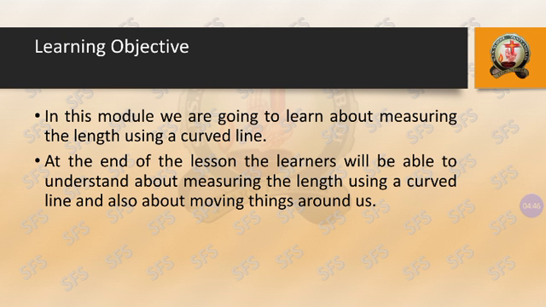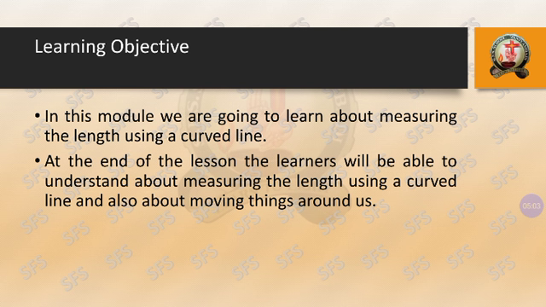In case you have objects which are not in a uniform shape, but in a curvy shape, how do we measure the length of such an object, or how do we measure a curved line? That we are going to learn today.